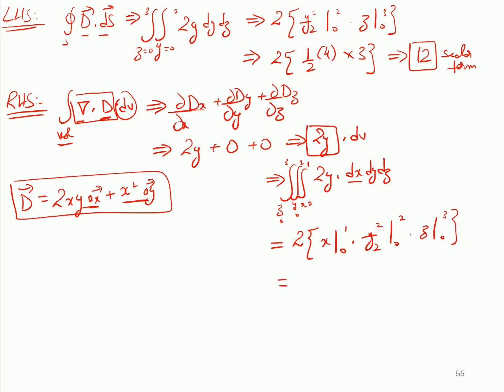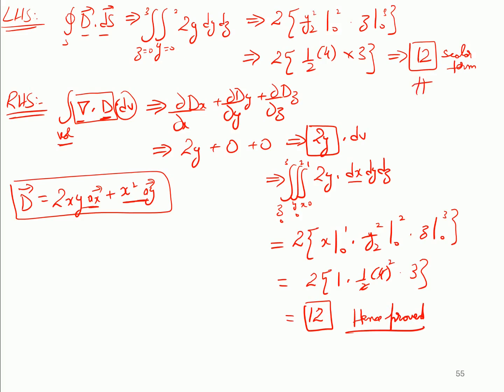Solving this, x has a value of 1, y is 2 square by 2, so 1 by 2 into 4, and this is 3. So this and this we can cancel out, so it is 6 into 2, which is again 12.